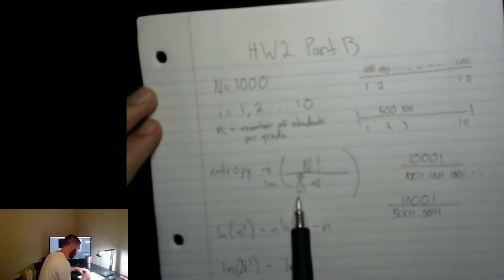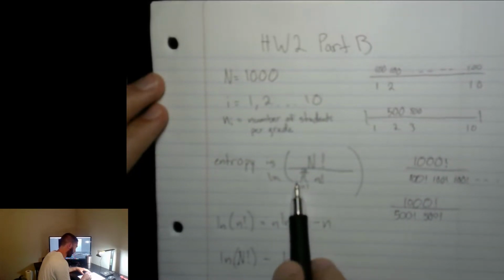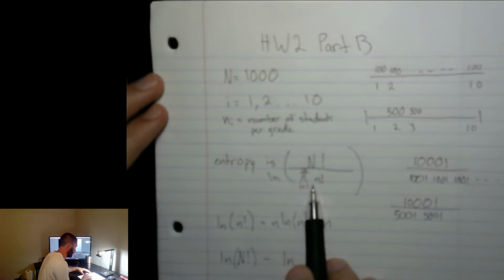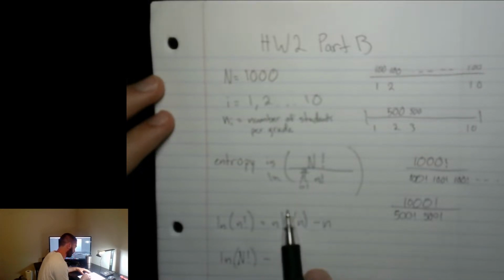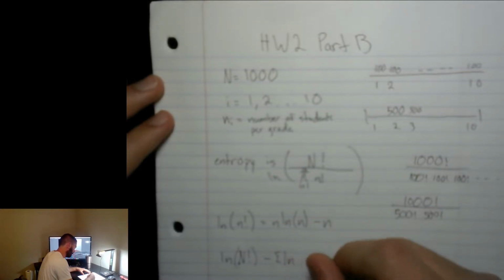Looking at the denominator, we have the log of a product, and when we take the natural log of a product, it becomes the summation of all the logs that are multiplied. So then we have the summation of all the individual Ni factorial.